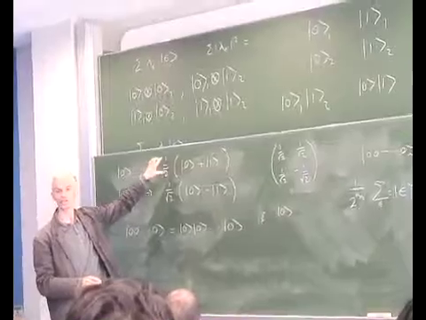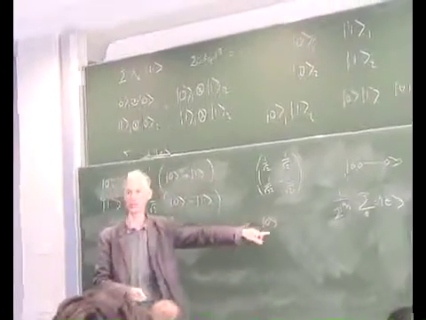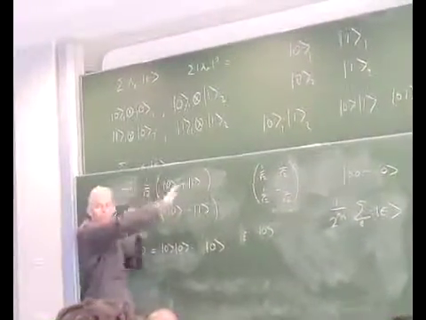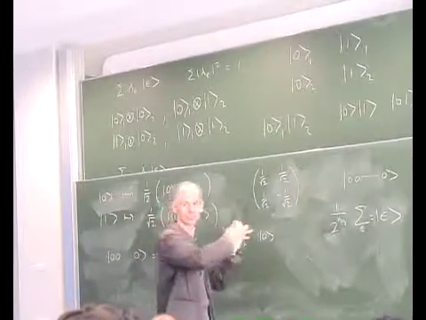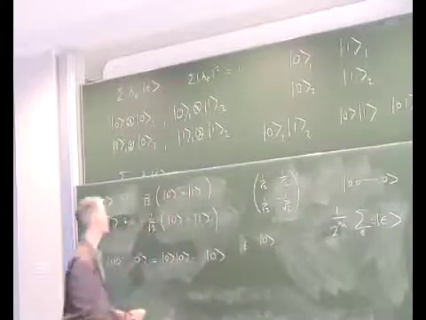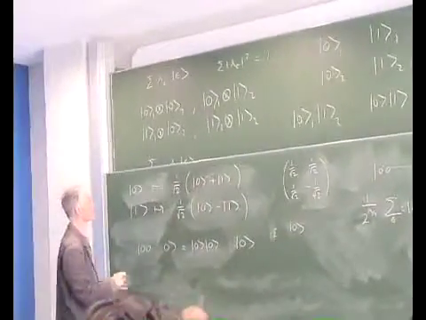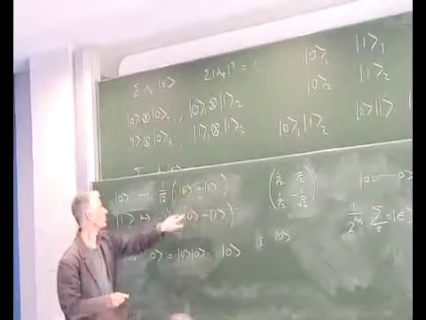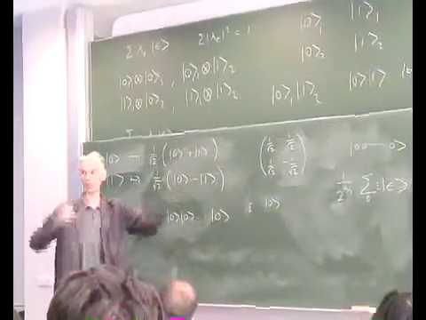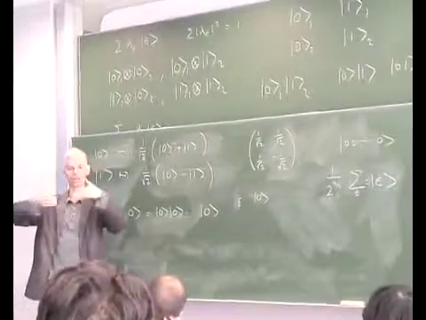If I apply a Hadamard gate a second time, I get back to 0 again, which means that something that was spread out managed to get put back together again. And that depended crucially on cancellation. When you apply the Hadamard gate again to this, you get a half 0 plus 1 plus a half 0 minus 1, and the two 1 bits cancel out.